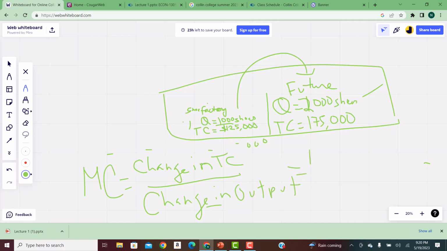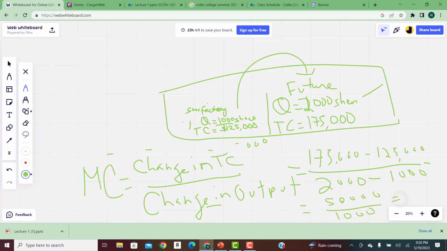The change in cost is 175,000 minus 125,000, divided by the change in output, which is 2,000 shoes minus 1,000 shoes, right? So we get 50,000 over 1,000, which is equal to $50.